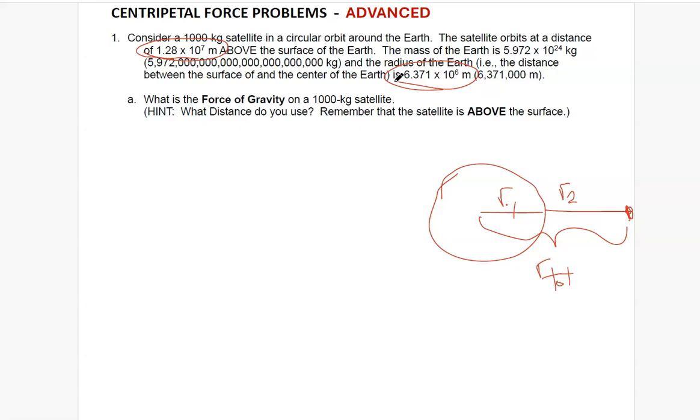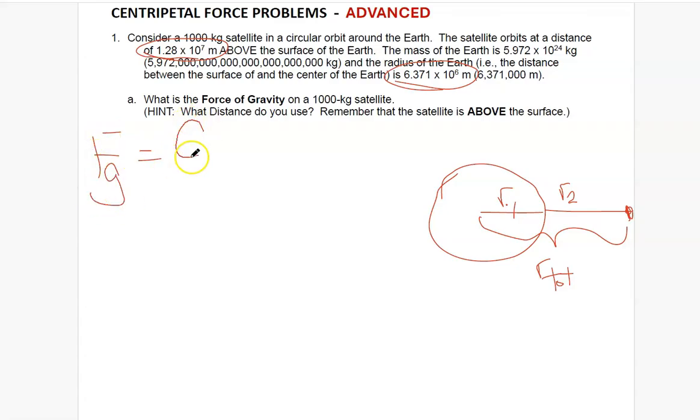Remember, force of gravity, when you do the calculation using Newton's law of universal gravity, you need the distance between the centers of the mass. Well, the satellite's so small, we don't have to worry about the center of the satellite, but we do have to worry about where the center of the Earth is. So what's the formula for gravitational force?